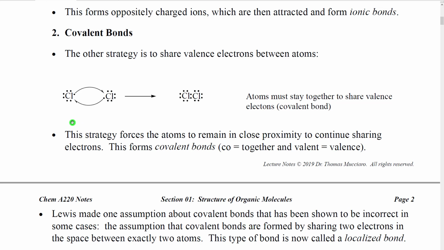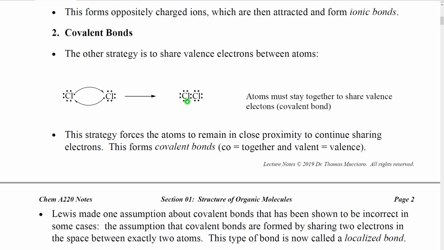So what they can do is move together so that they share electrons in the space between them. So this chlorine is sharing 1 electron into that. This chlorine is sharing an electron there. And what we end up with is, in this space, these two single electrons become shared between the two chlorines.